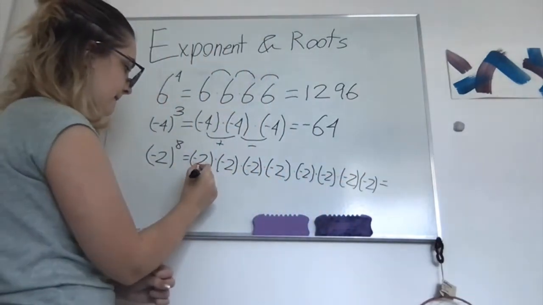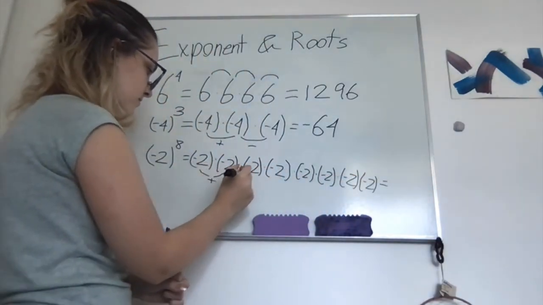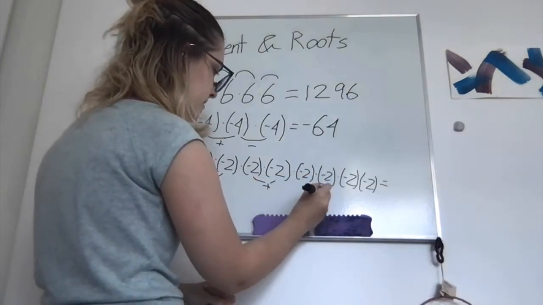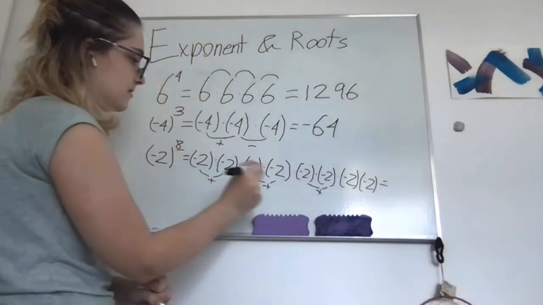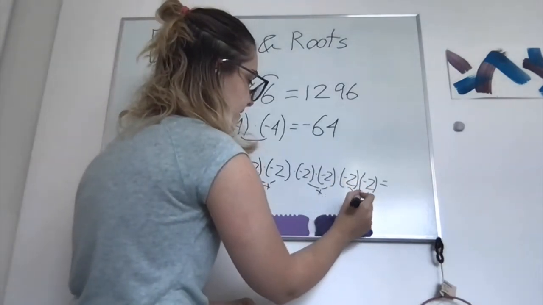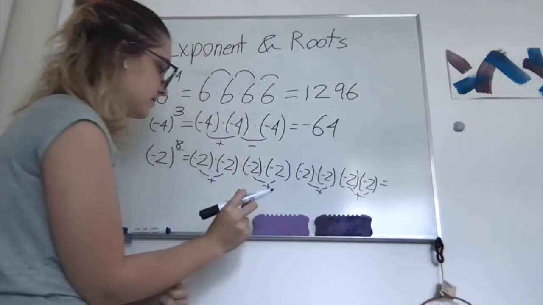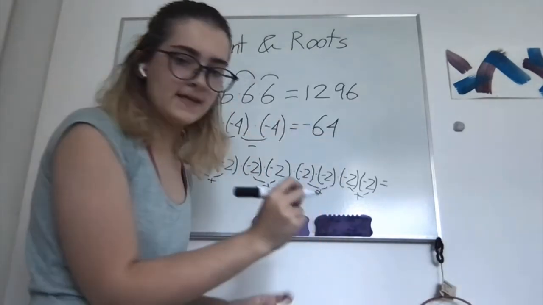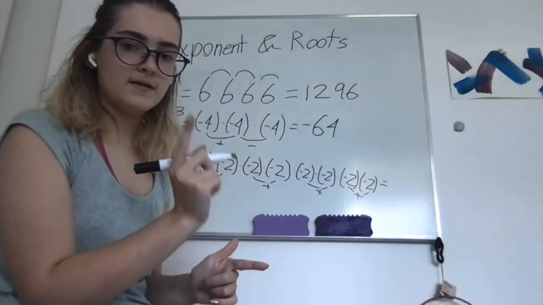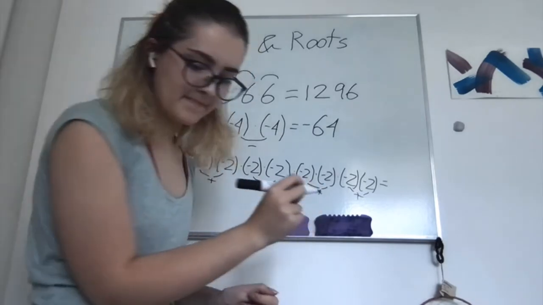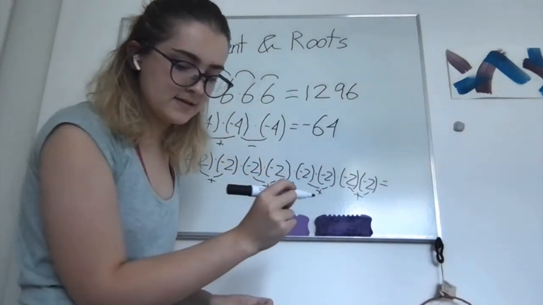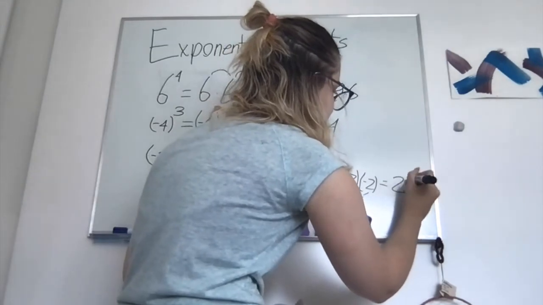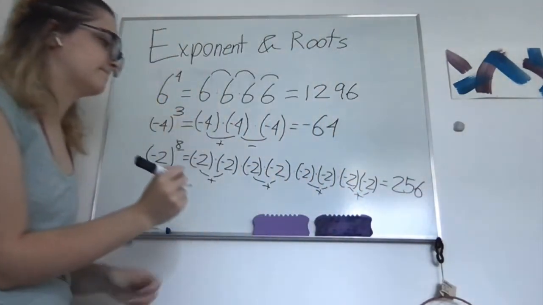Since all of them are going to cancel each other because it's an even exponent, and that is how the multiplication rules work, the answer will be positive. And the answer is 256.